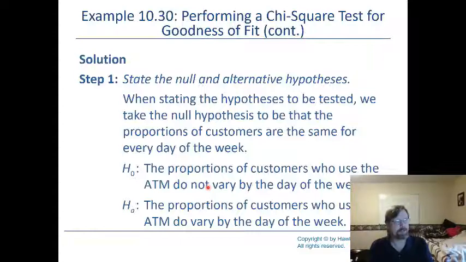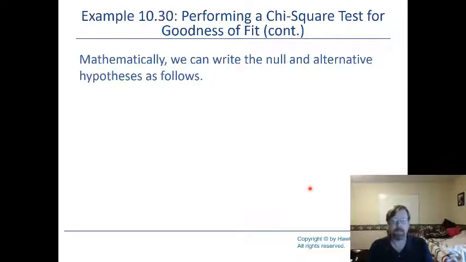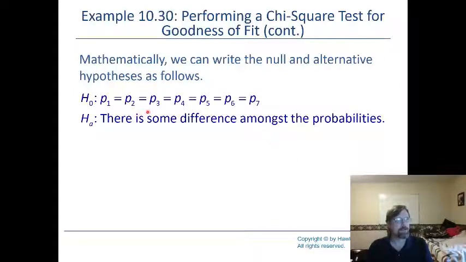The alternative is that the proportion does vary by the day of the week. So we could write this as such. The tricky part might be calculating what that P should be. And I'm getting on a mental rabbit trail trying to think through that, but that's not the point right now.